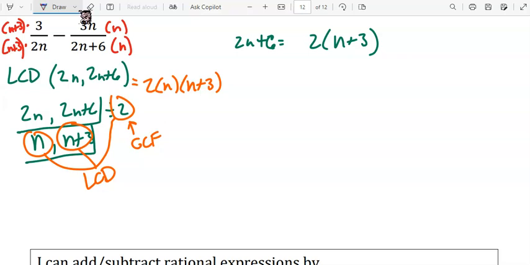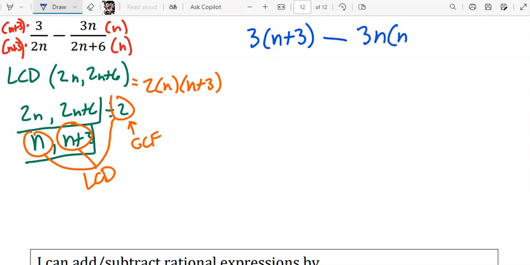So when we multiply those, we get 3 parentheses n plus 3 minus 3n times n, all over 2n times n plus 3.